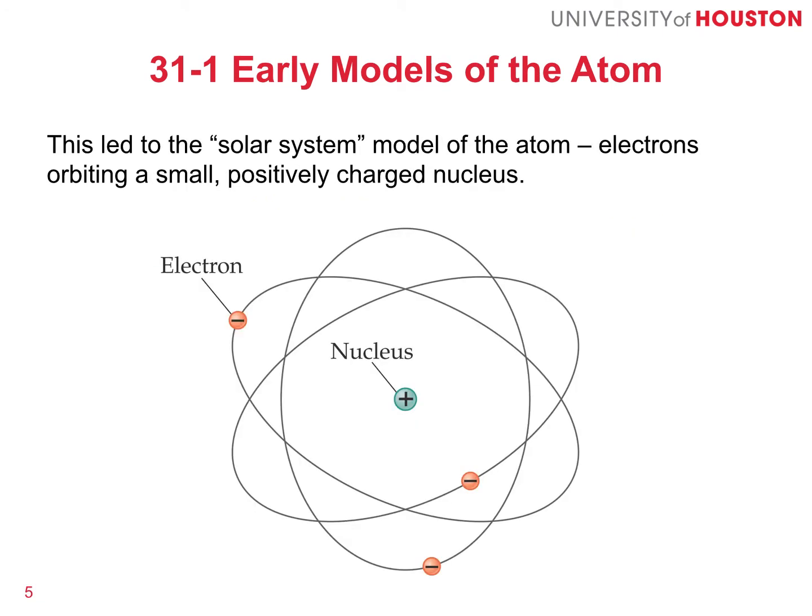These observations, which we described on the previous slide, led to the solar system model of the atom, and in this model we have electrons which orbit a small positively charged nucleus, much in the same way as planets orbit the Sun in our own solar system.